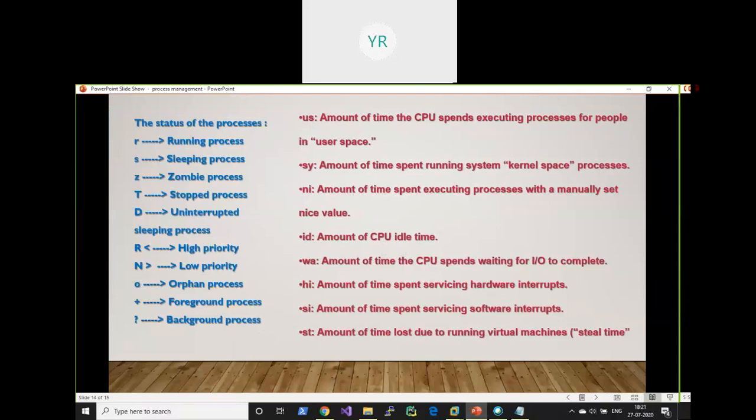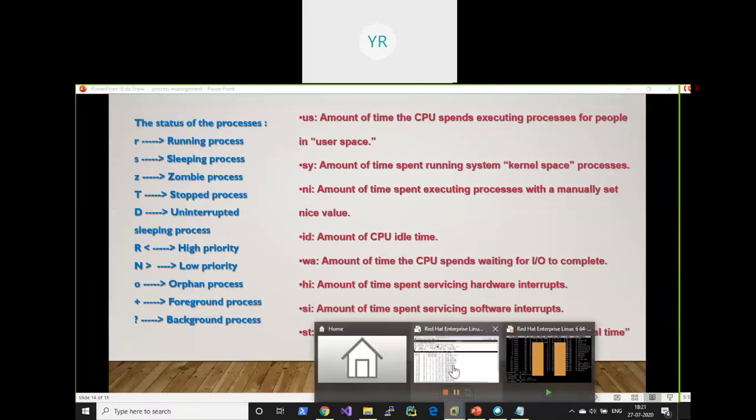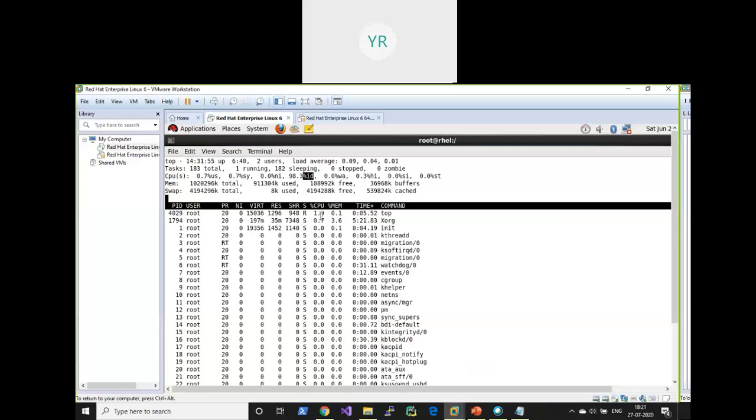Here, at present, I'm not having that many processes, so the idle time of my cpu is around 92. Of course it keeps on changing, it is refreshing. So that is the idle time.